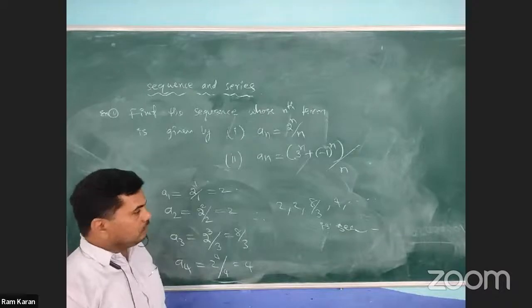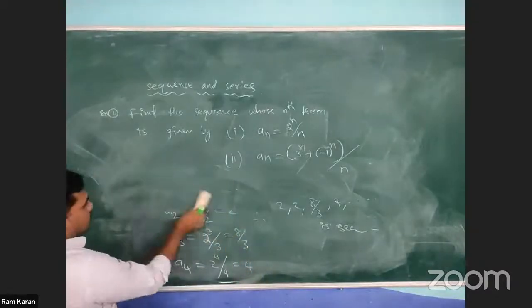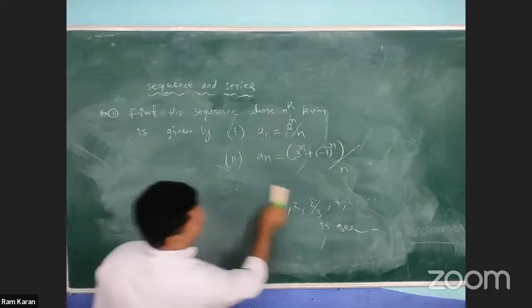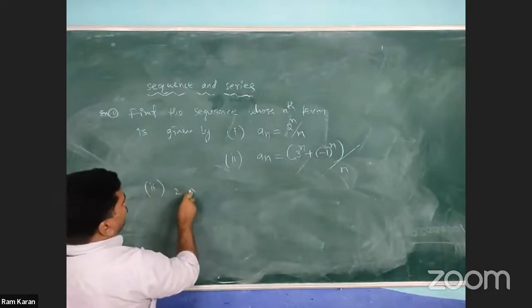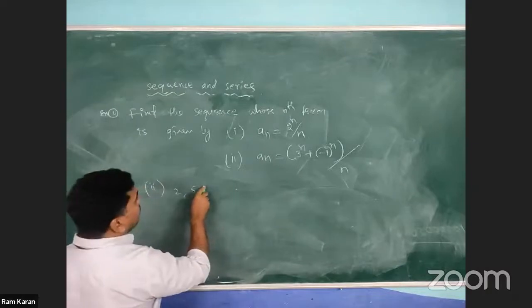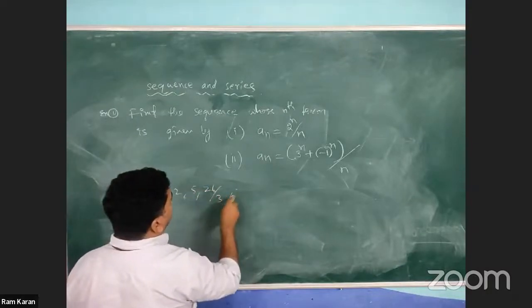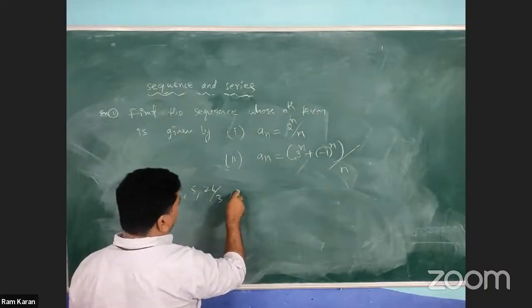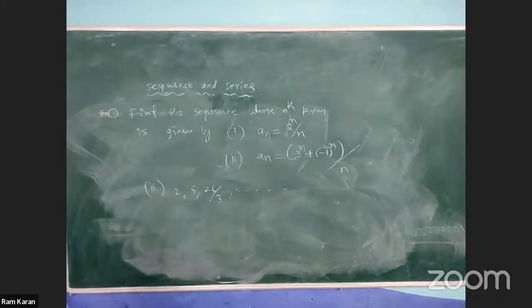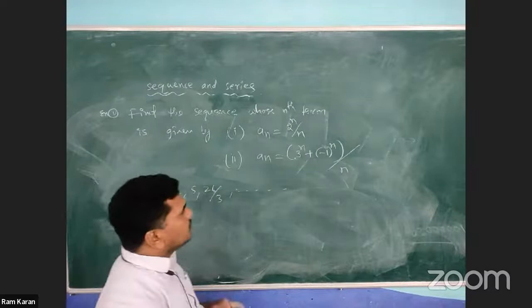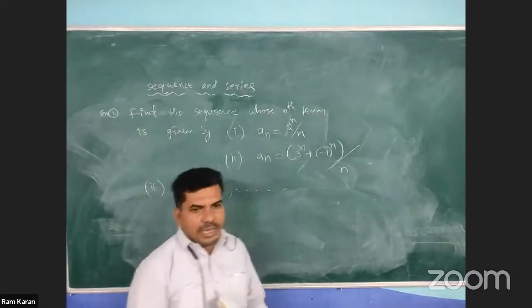The answers are 2, 5, 26 by 3, and so on. This is the sequence of the second nth term.